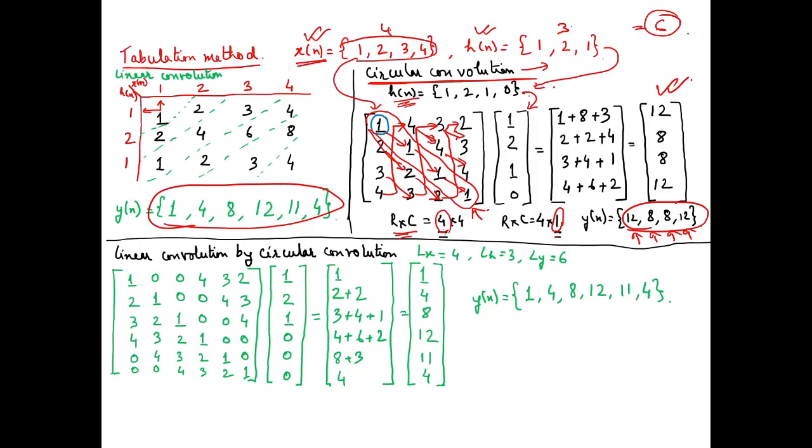So we will convert the xn into a signal having a length of 6. How will you do that? We will add 2 more zeros, zero padding, to the x. Similarly, the hn should have the same number of values, so over here we have to add 3 zeros. And the rest of the method remains the same.